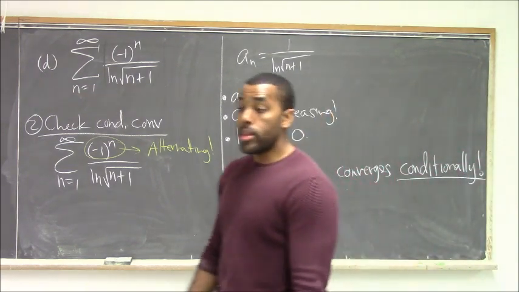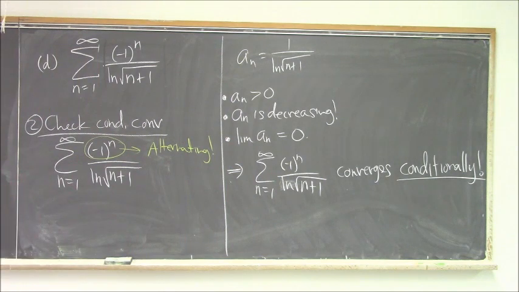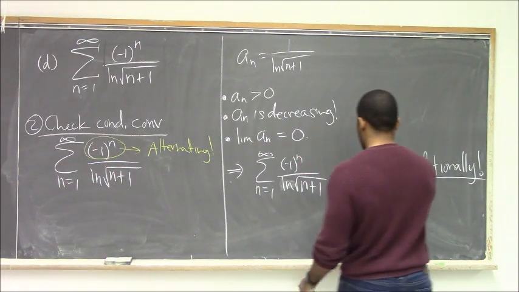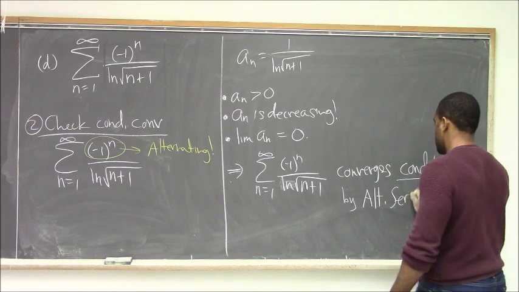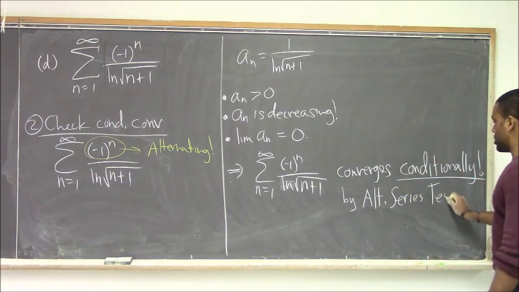So, without the absolute values, it actually converges by the alternating series test. So it converges conditionally by the alternating series test.